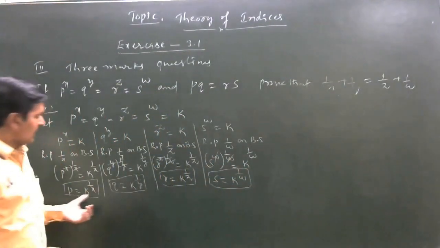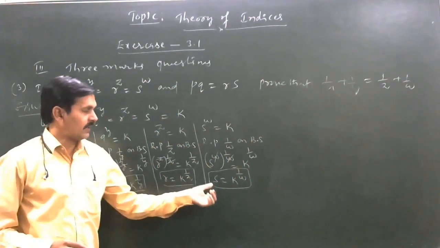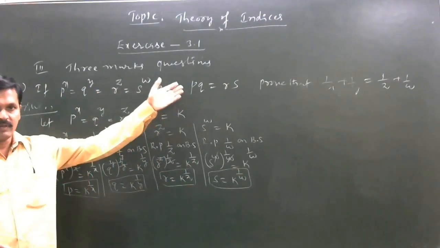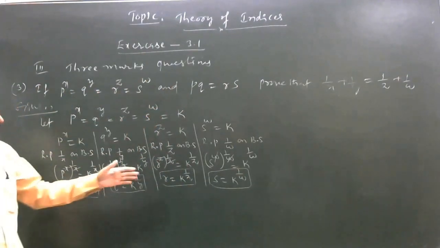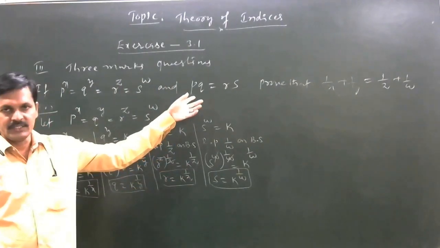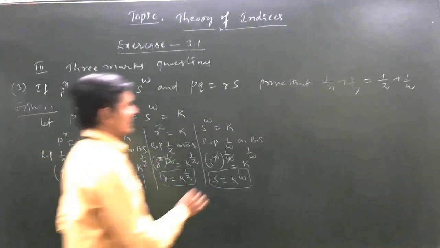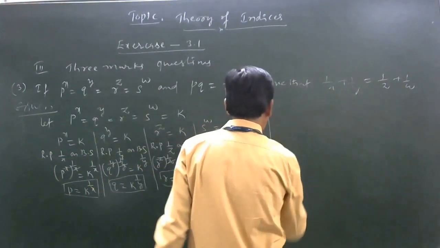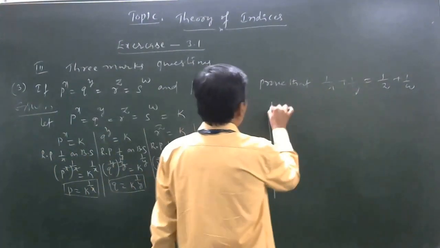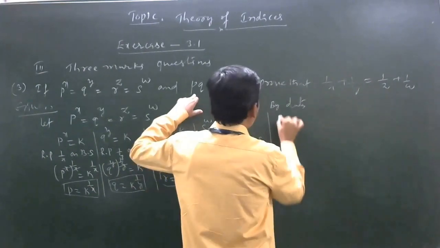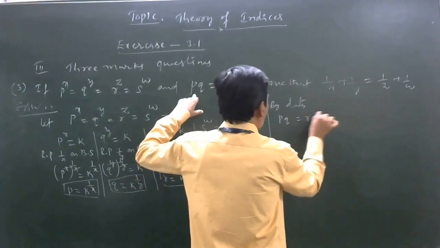Here we have the p, q, r, s values. In the data, another condition is given. Put these p, q, r, s values in this condition, then we get the required value. The other condition given is pq equal to rs.